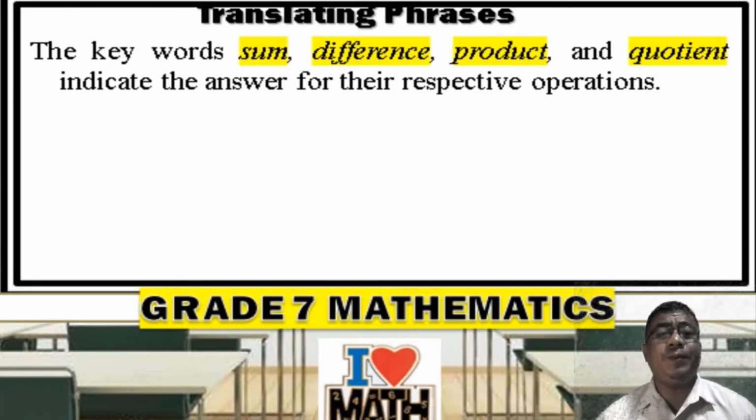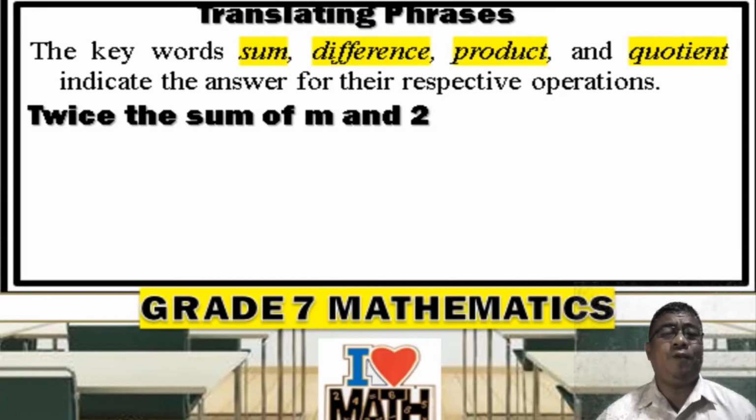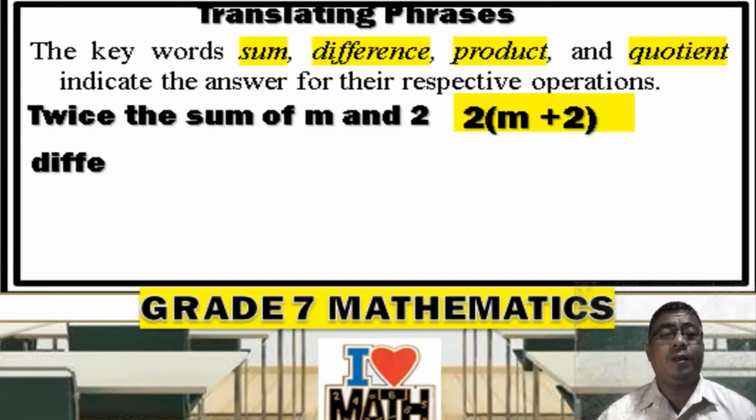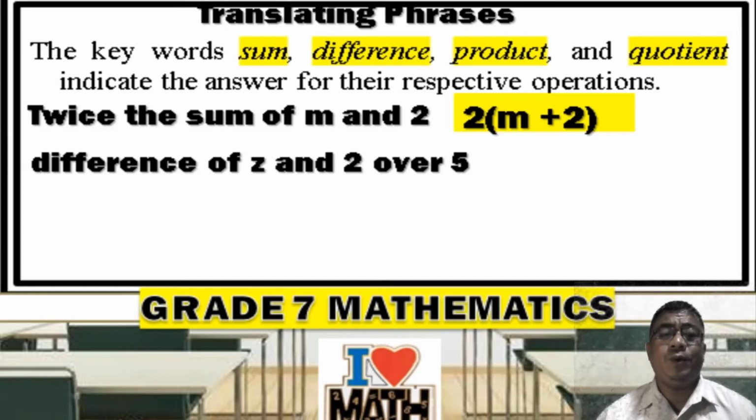Let's continue. Let's have another example. Twice the sum of m and 2. This time, it's a combination of addition and multiplication operation. So we have 2 times m plus 2. Difference of z and 2 over 5.